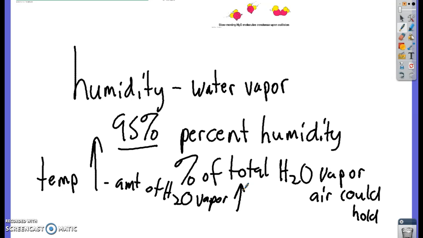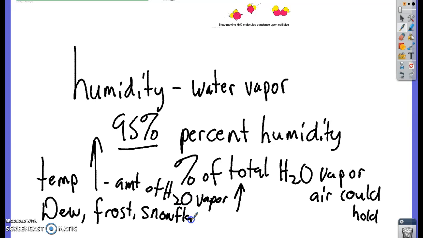Now, if the relative humidity reaches 100%, then some of the water vapor will begin to condense and form back into water drops. So when we have dew, or if it's really cold, we have frost, or if it's up in the clouds where it's really cold, you might even get snowflakes.